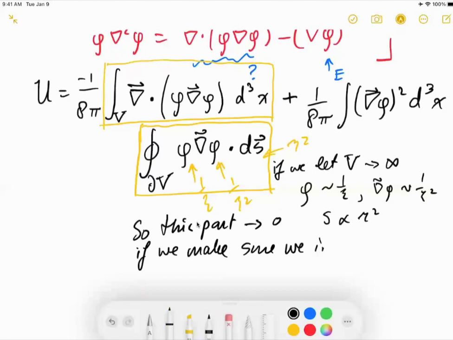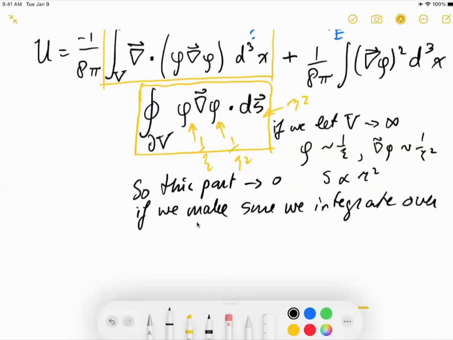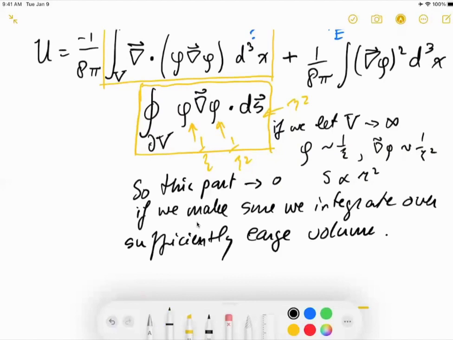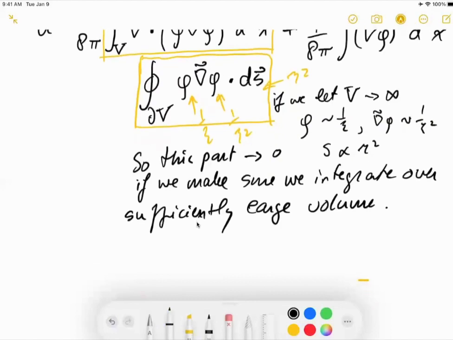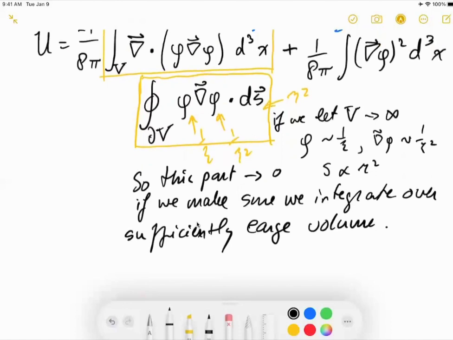So this part goes to 0 if we make sure we integrate over a sufficiently large volume. What we mean by that is we want to make sure that we capture that part where the potential starts to go to zero, and then we say that's where we put the cutoff, or we just integrate over the entire universe.